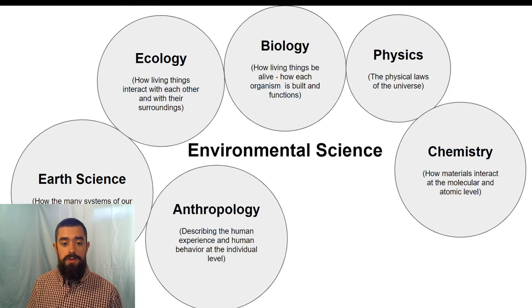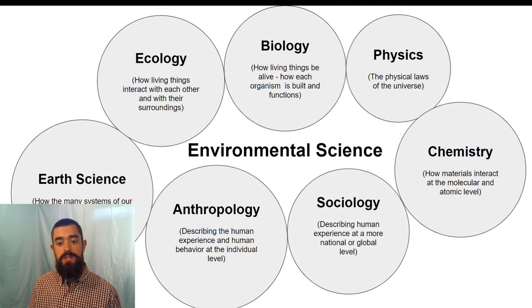And then there's also a human side, so the anthropology. So anthropology is a science describing human experience, human behavior at the individual level. So what did humans used to look like? What do humans look like now? How are we changing as a people? Sociology describes the human experience on a more national or global level.